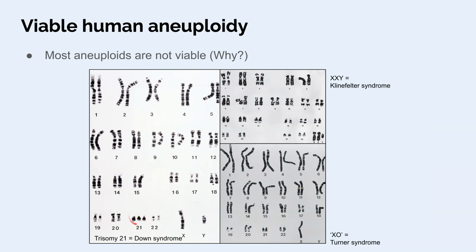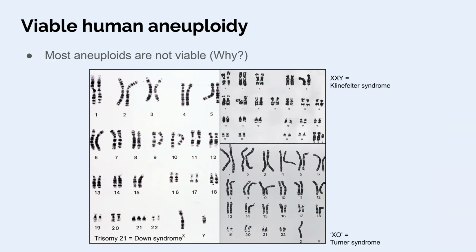Chromosome 21 is trisomic in Down syndrome. These other 2 involve the X chromosome. So Klinefelter has 2 X's and a Y. And this one, so-called XO, is X and nothing else. So this question here: why are these viable, whereas a lot of other forms of aneuploidy are not viable?